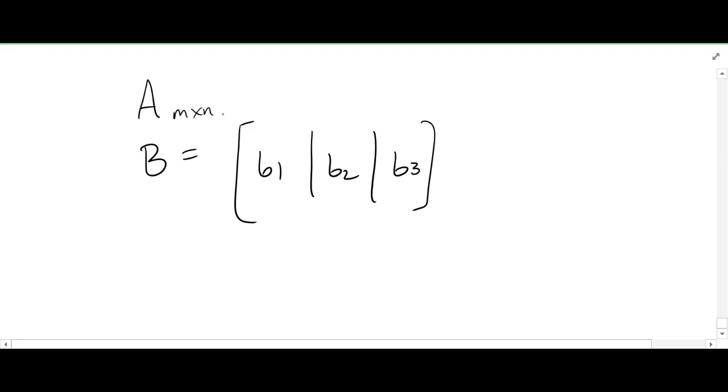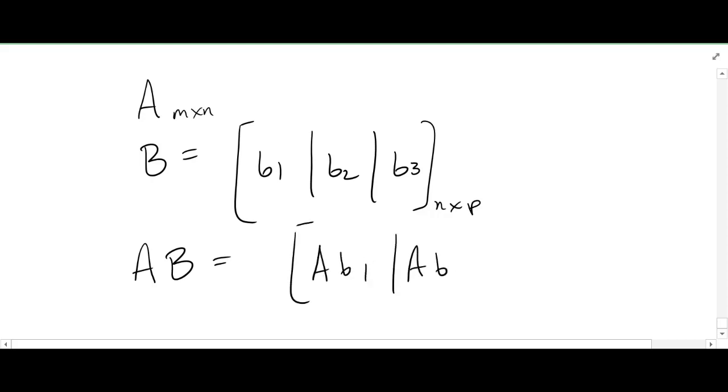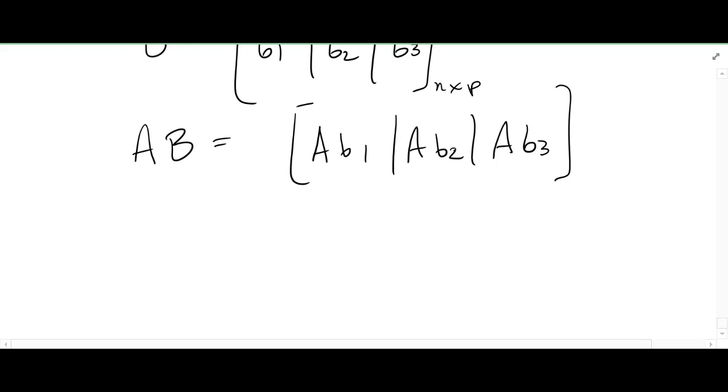Then the columns of A times B are going to be AB1, AB2, AB3. So that's another way to think about the product of two matrices. That might be helpful. Row 2 of BC.